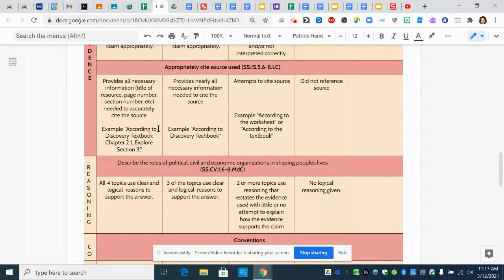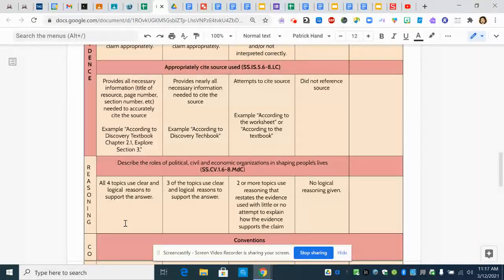Then, after you find your evidence and you cite it appropriately, the next part, the R in CER, is reasoning. And the purpose of reasoning is to explain how your evidence supports your claim.